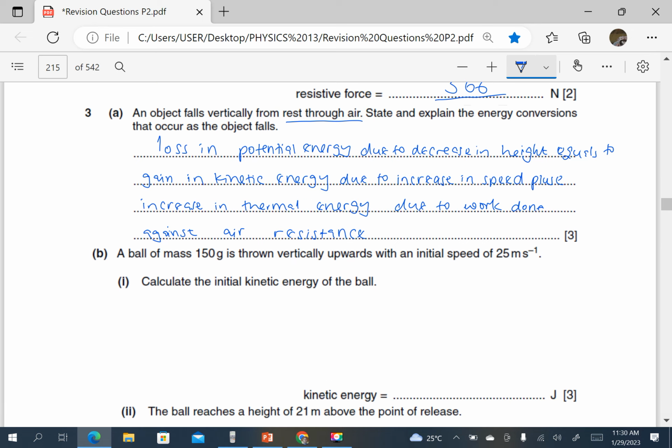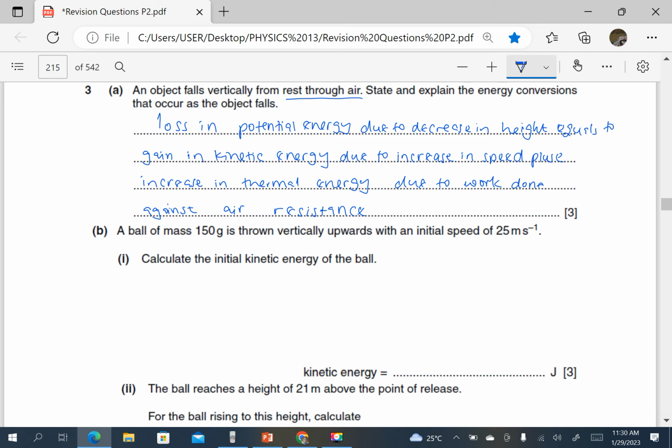Okay, so those are the energy changes which occur. The loss in potential energy, because there is a decrease in height, will become the gain in kinetic energy plus the increase in internal energy or thermal energy as a result of work done against resistance.